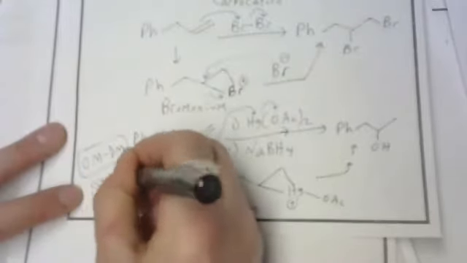Going back to the last page real quick, the mercury thing I have an abbreviation for also, which is called OMDM: oxymercuration, demercuration.